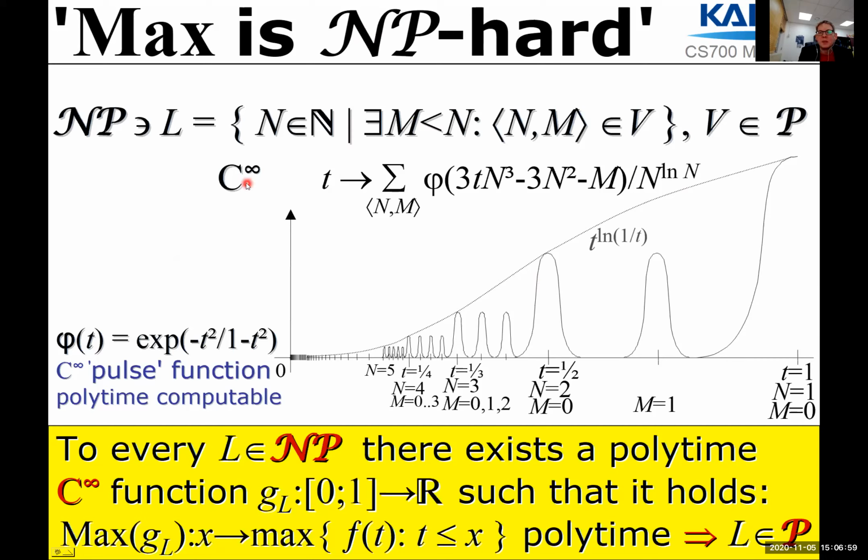So the message is still, this is still a C infinity function with all the pulses. So that's the third step of our construction.